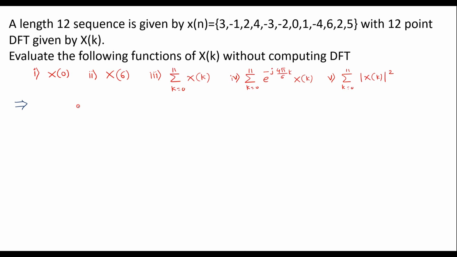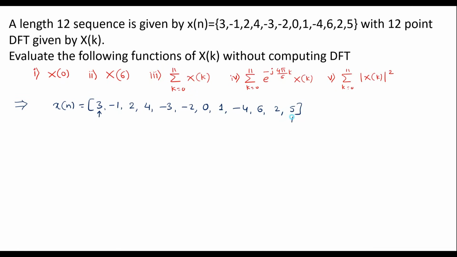So in this numerical, the x of n sequence is given, that is x of n is equal to 3, minus 1, 2, 4, minus 3, minus 2, 0, 1, minus 4, 6, 2 and 5. So here this is x of 0, x of 1 and so on.